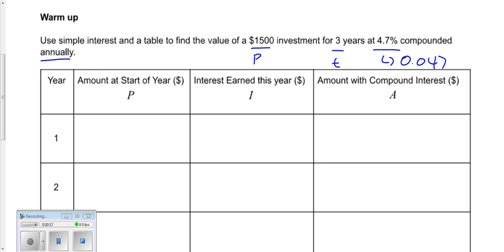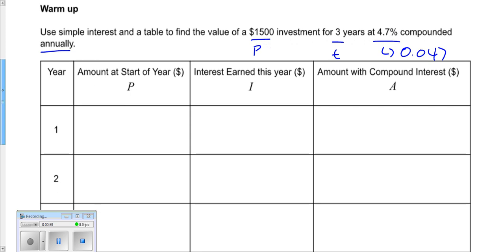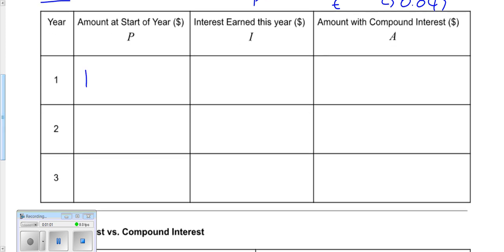0.047. So if we go through and we fill out our table, we know that our starting amount is going to be $1,500. The interest that we earned is I is equal to PRT. So that means that I is going to be equal to 1,500 times 0.047 times 1 year.